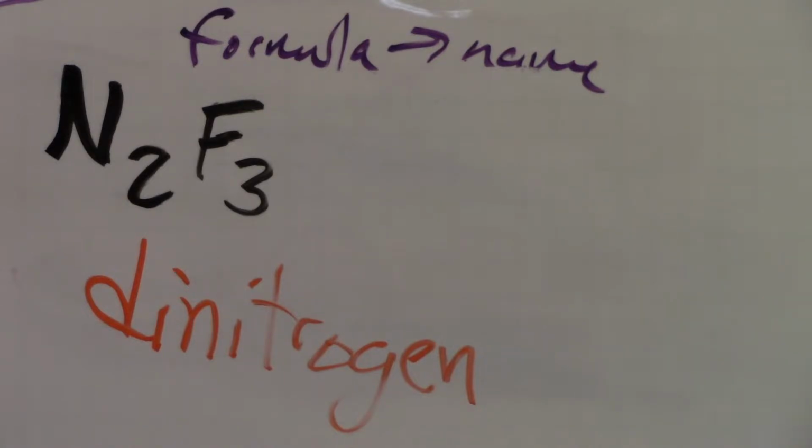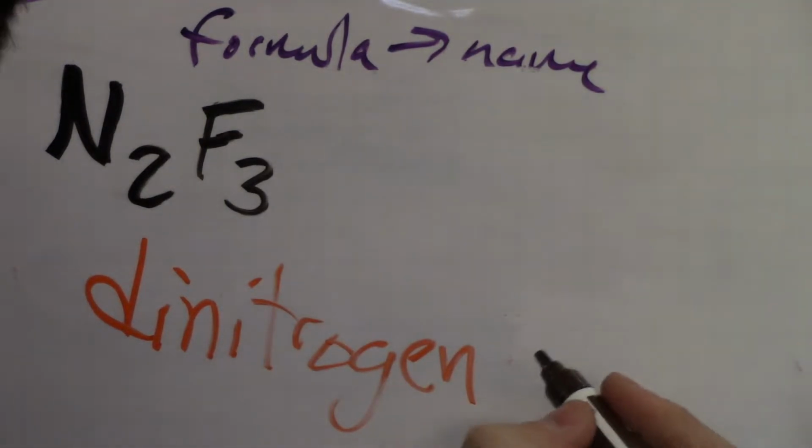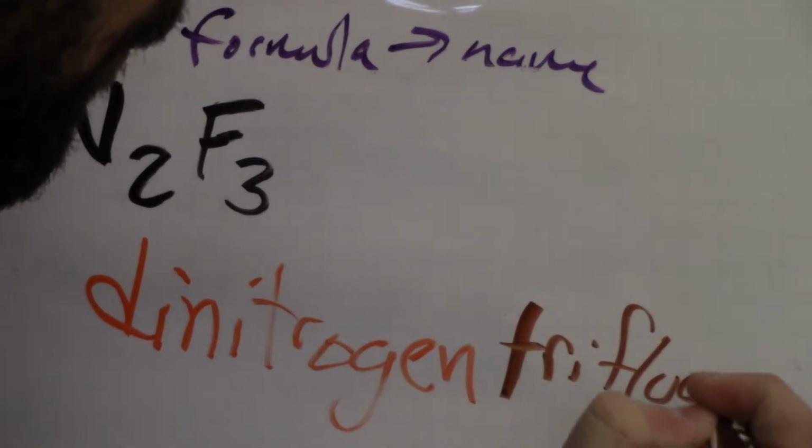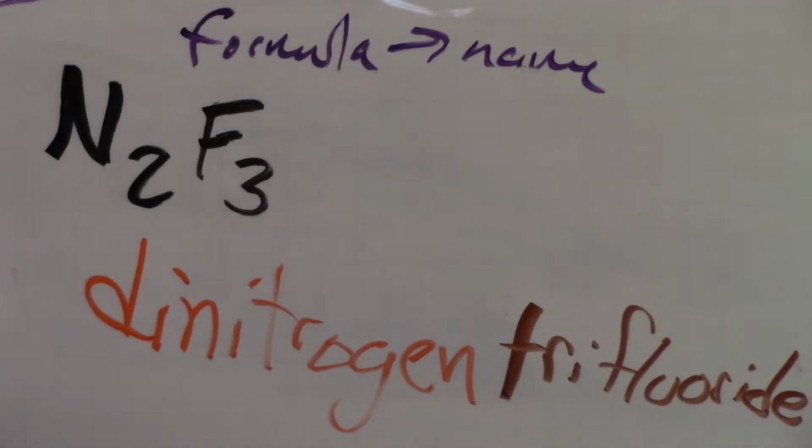We have three fluorines. Now, of course, you change the ending to IDE, so it would be fluoride. Trifluorine, trifluoride, I should have said. So trifluoride. There we go, and that's the name. So dinitrogen trifluoride. It's that simple.